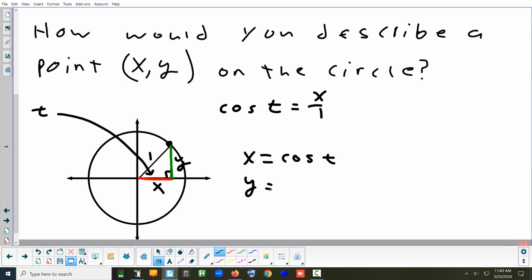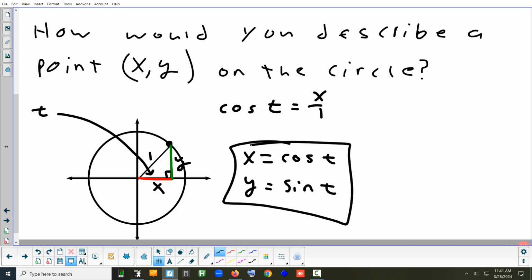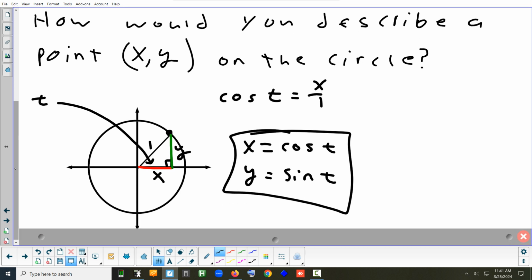What do you think your formula for y is? Sine t equals y over 1. So y would just equal sine t. That's the equation of a circle, specifically a unit circle. Parametrically, x is cosine t, y is sine t.